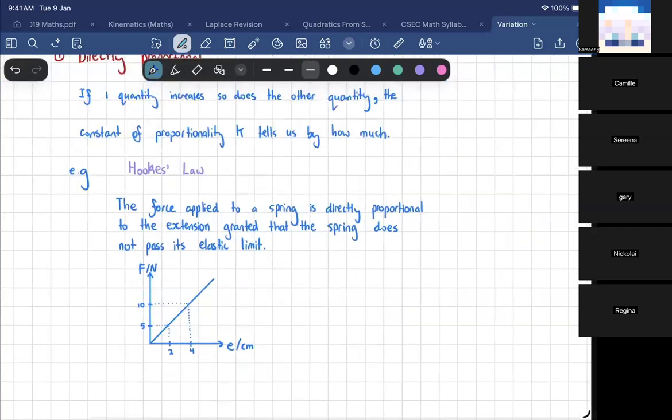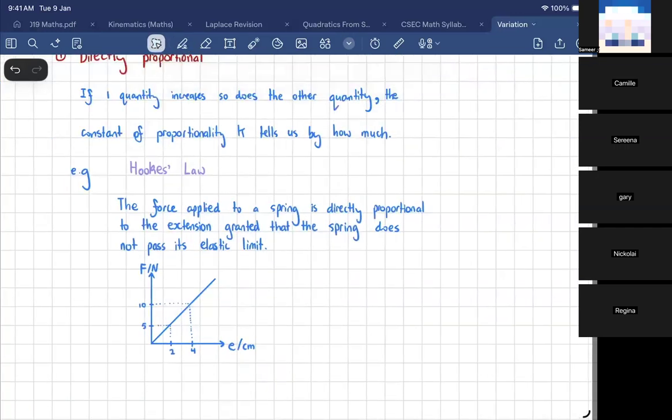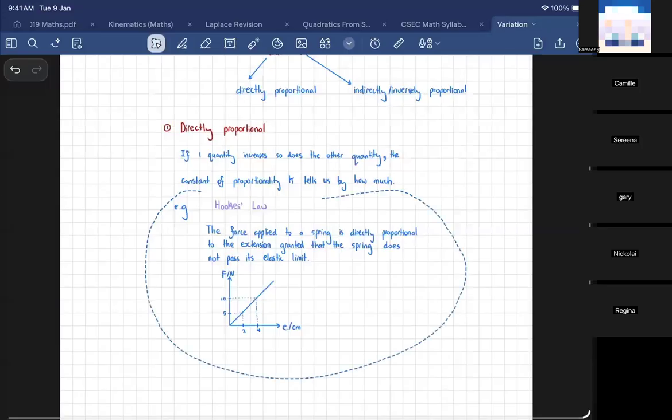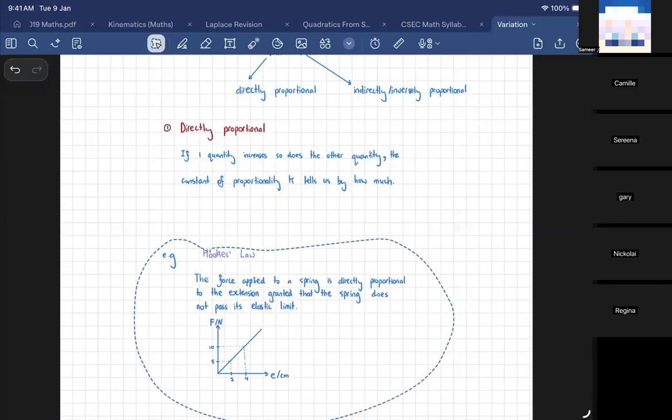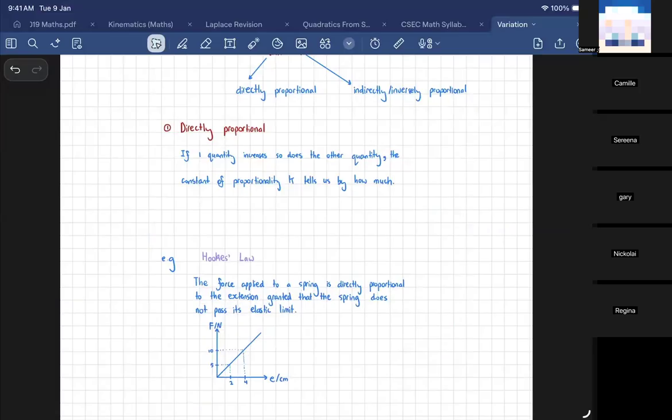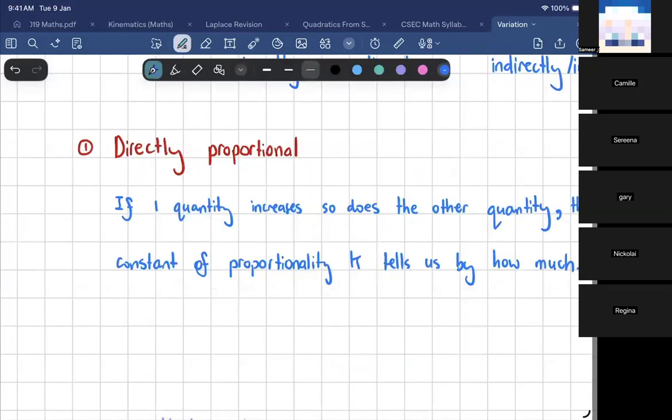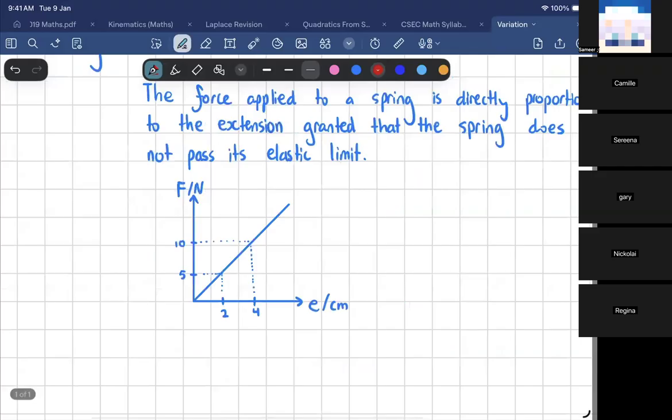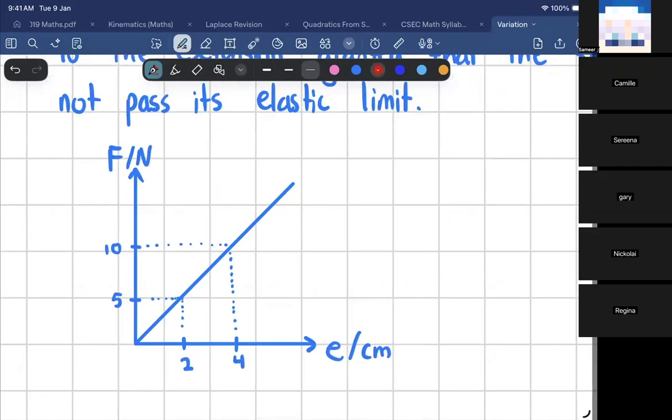Good. So I want you to understand that when we're dealing with proportionality, especially directly proportional, all directly proportional graphs are going to be what? Could somebody tell me? From this graph here, what kind of graph was this? A quadratic graph, a linear graph?